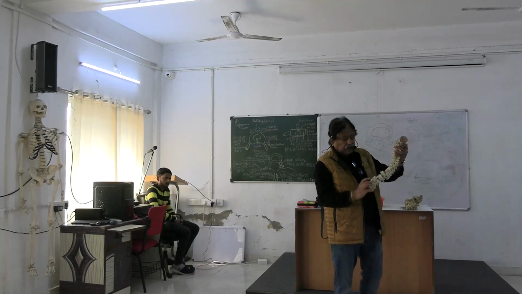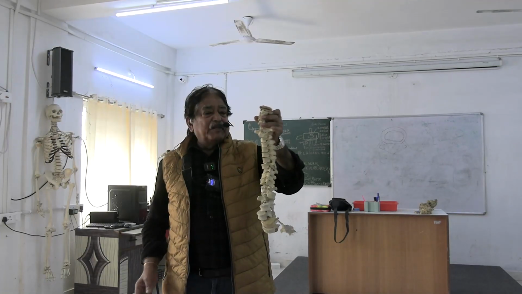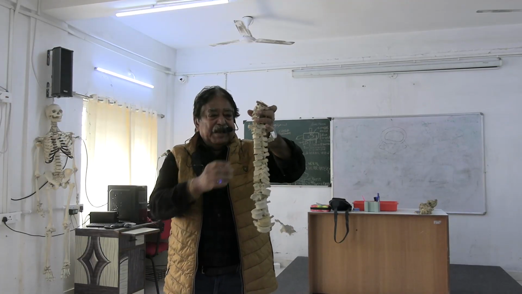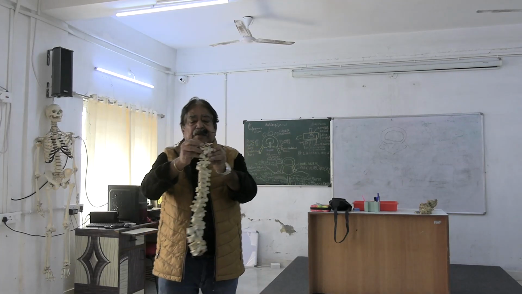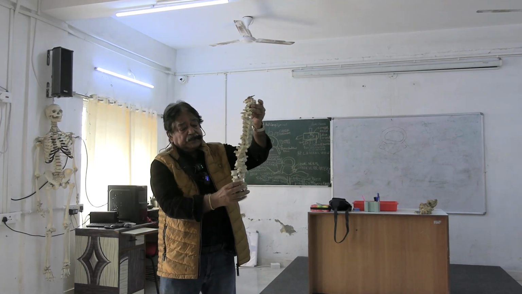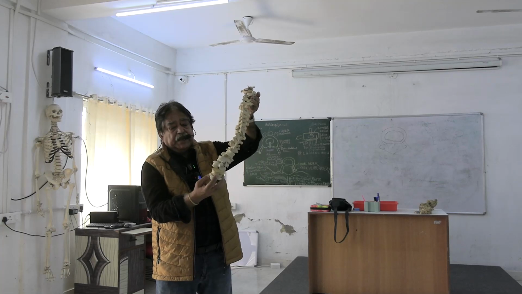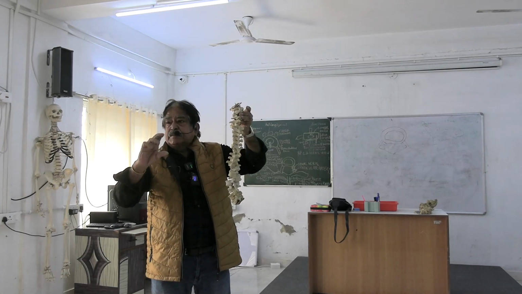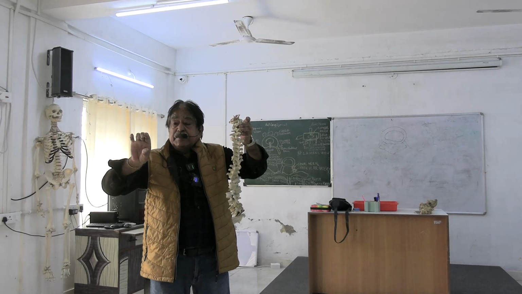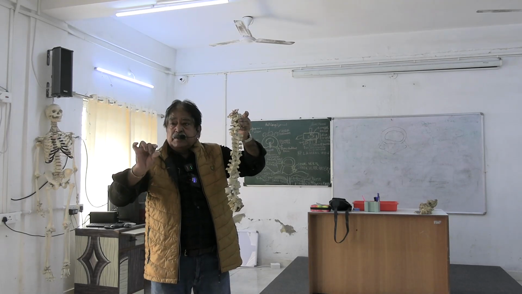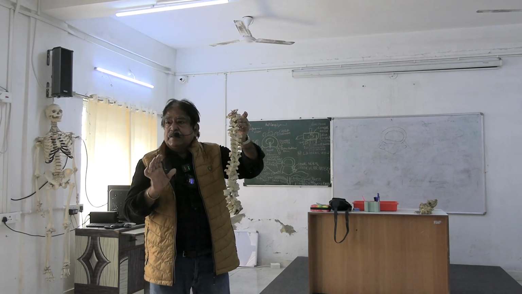Now, this is what I call the mala, the garland, of the vertebral column. You see, this is the cervical vertebra and this is the lumbar vertebra. Gradually the thickness, width and breadth increase, even the lamina and processes.